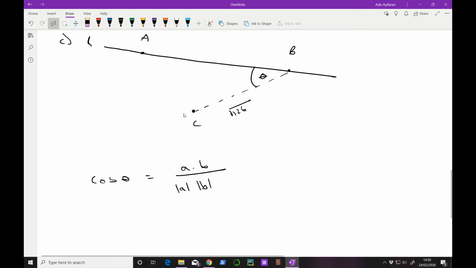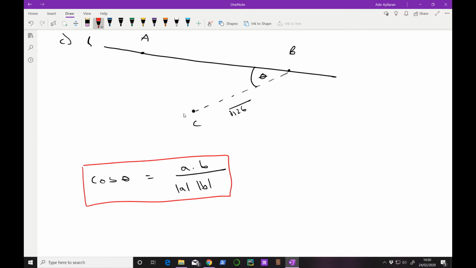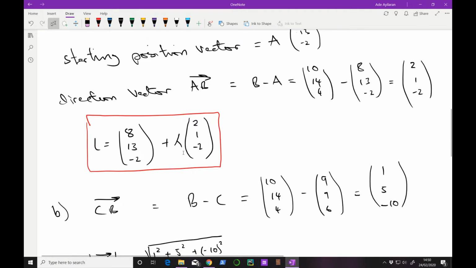Now these two vectors in this case would be directions, and there's a reason why I said directions. For L, I'm not going to use the entire expression for L. I only care about the direction, because no matter where I start, if I trace out this direction, I'm always going to get a line that eventually passes through 8, 13, minus 2.